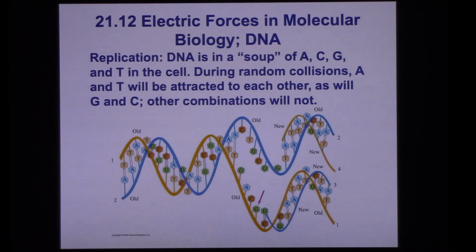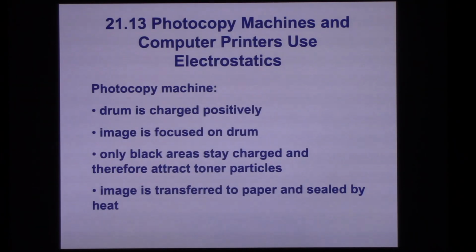And so the DNA is able to accurately maintain the series of A, C, G's, and T's, and that's what maintains the genetic code within DNA. This is based on hydrogen bonds.